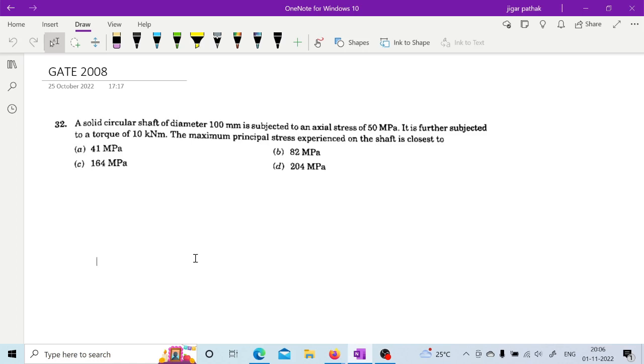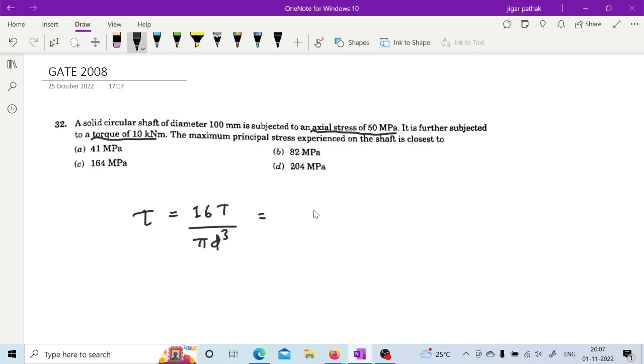So first you need to calculate that shear stress, right? Axial stress is provided as 50 megapascal and torque is given, so shear stress is also there, that is 16T upon pi D cube. Bending stress is not there.